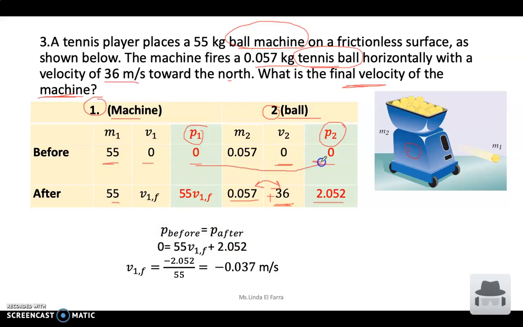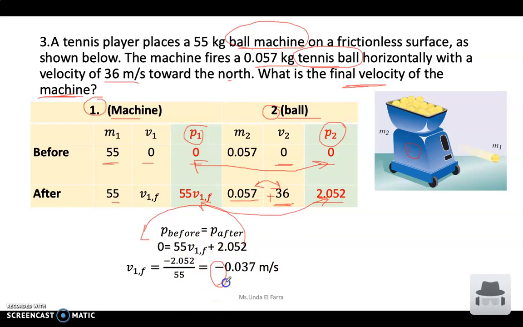For the momentum before, I add only the numbers in the green column: 0 equals these two numbers together, 55 V1 final plus 2.057.